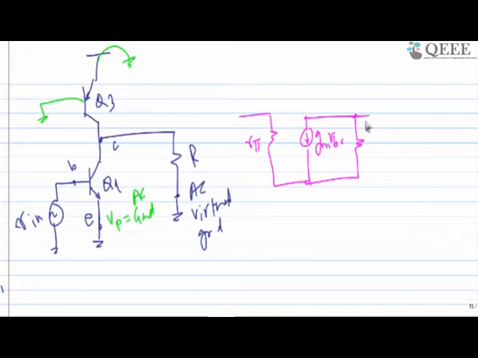Naming the early effect voltage resistance RO1, and there is another one, R5, gmVB, and one more resistance RO.